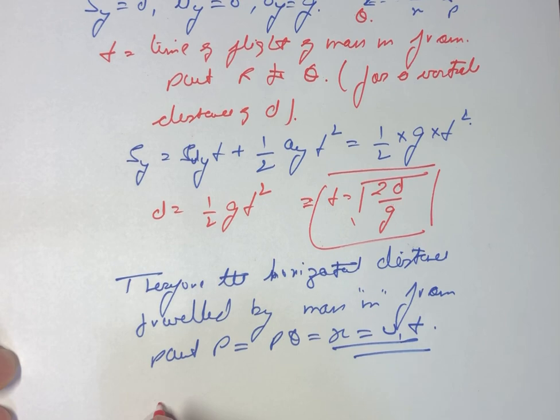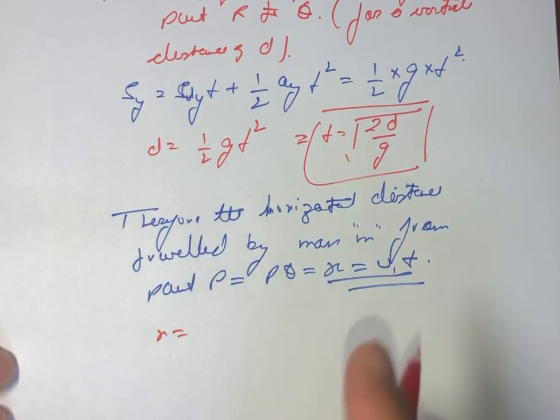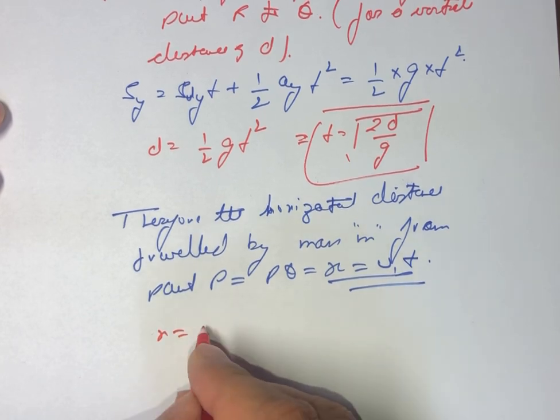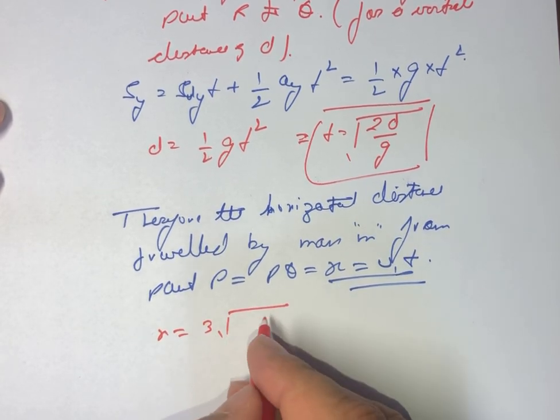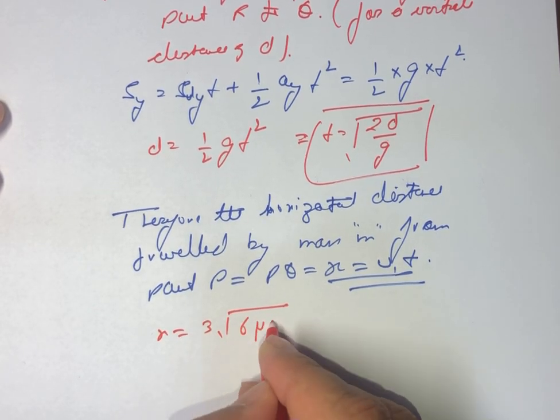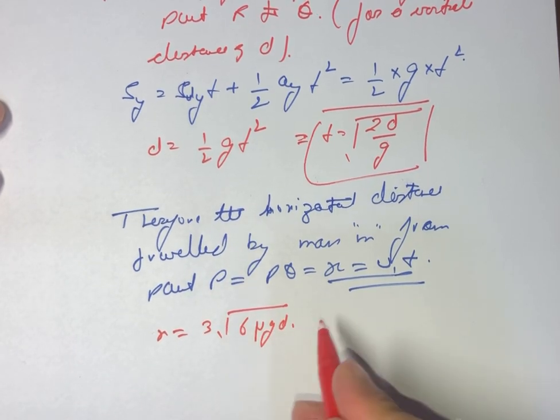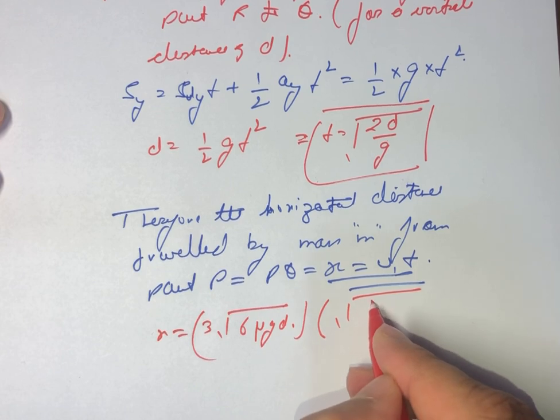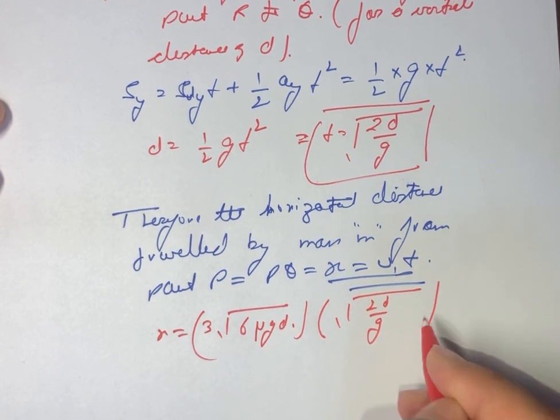So x is equal to v1, which we already calculated as 3 square root of 6 mu gd, and time as square root of 2d by g.